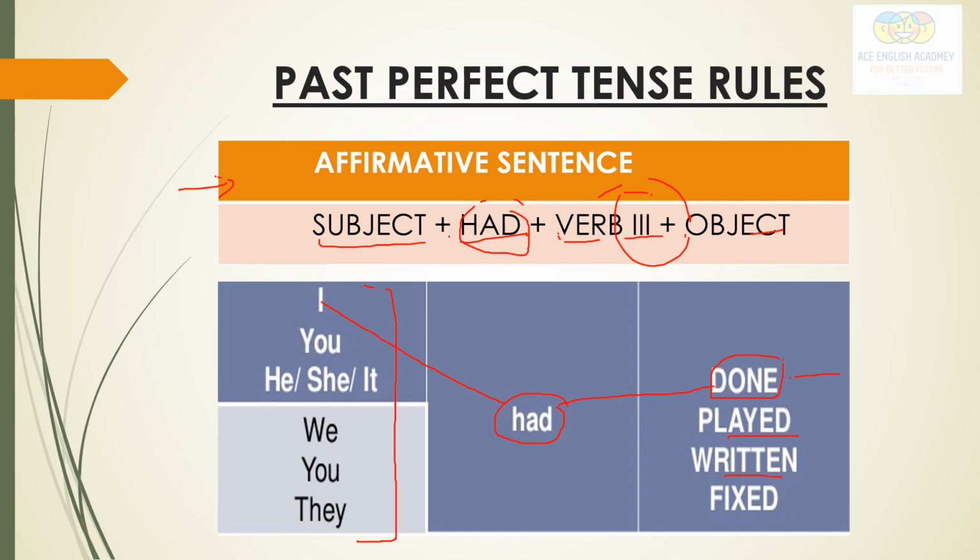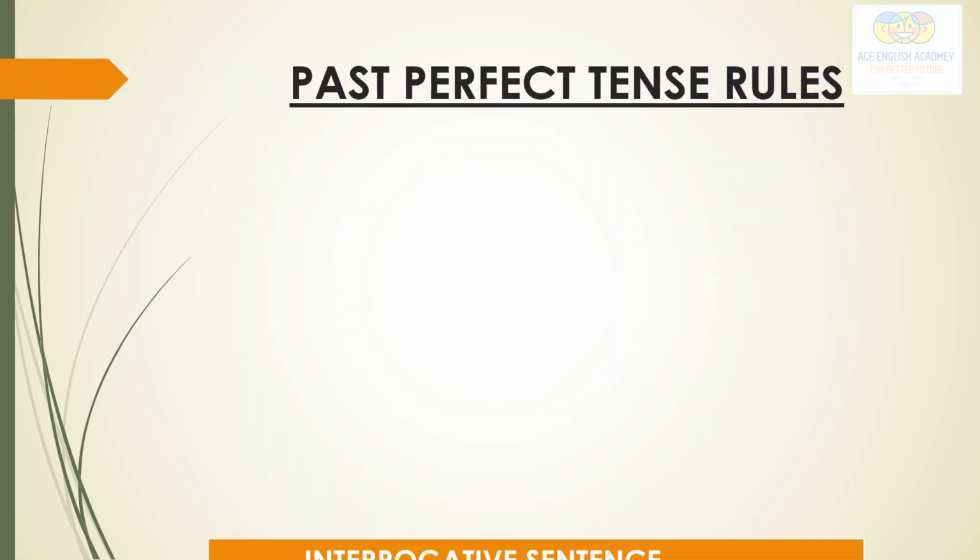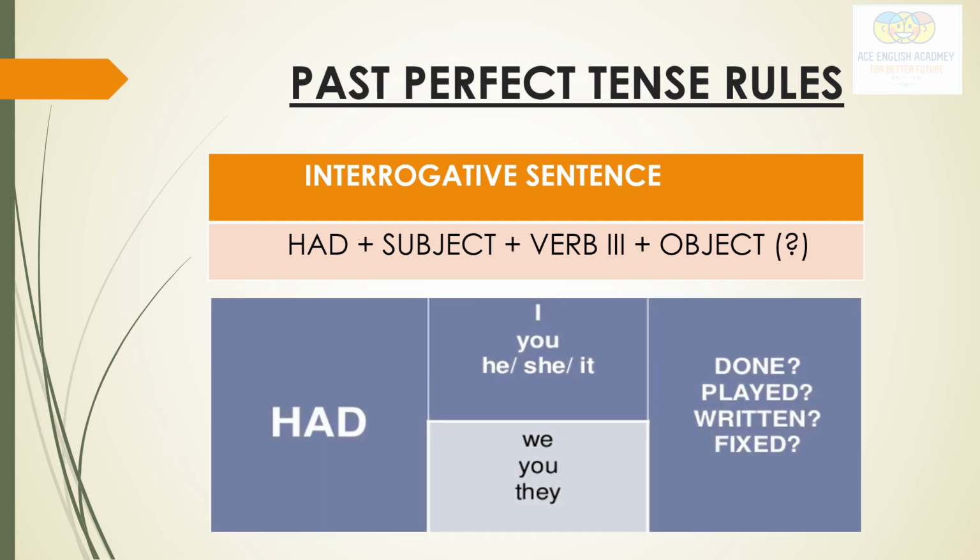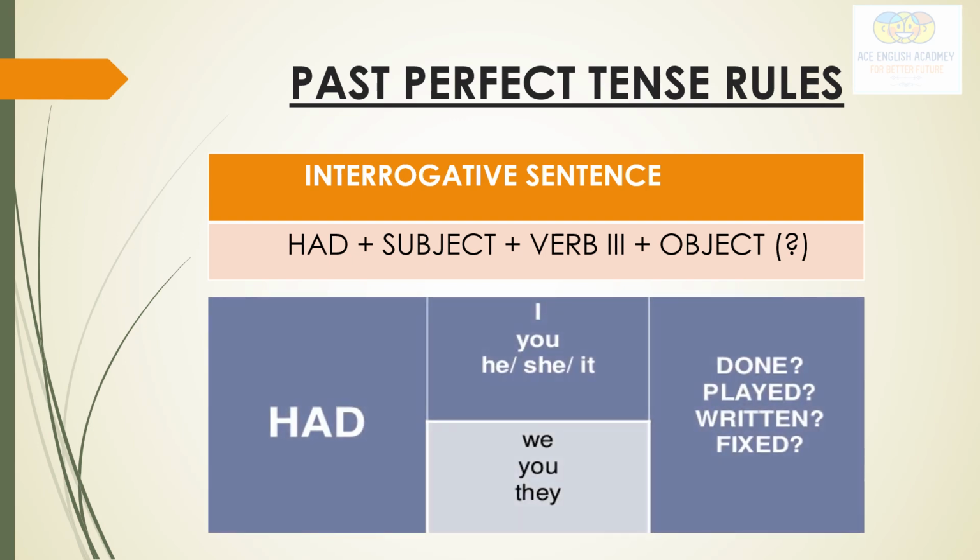Now next one. So here come the past perfect tense rules for interrogative sentences. Interrogative sentences, we know, are question statements. So what do we do? We bring this auxiliary verb to the front, in the place of the subject.